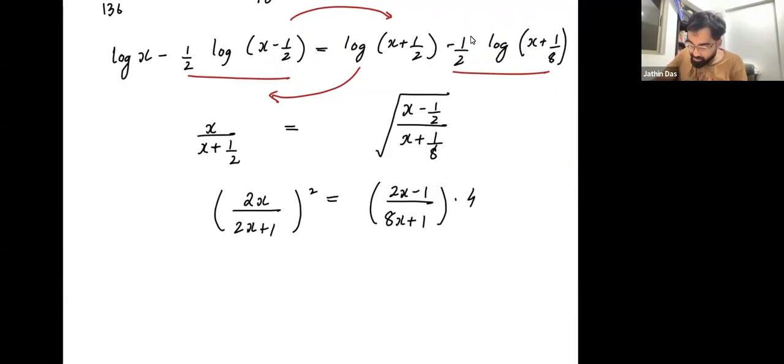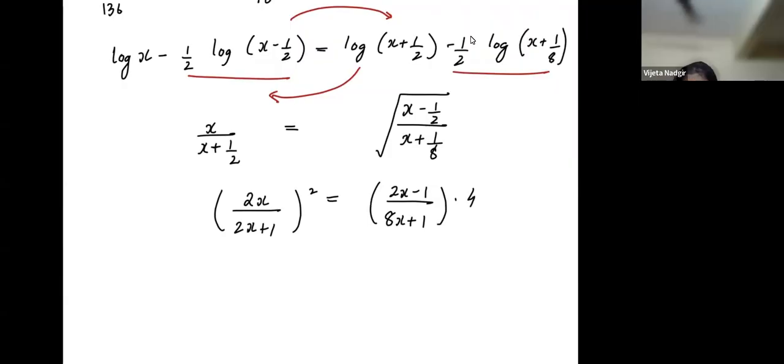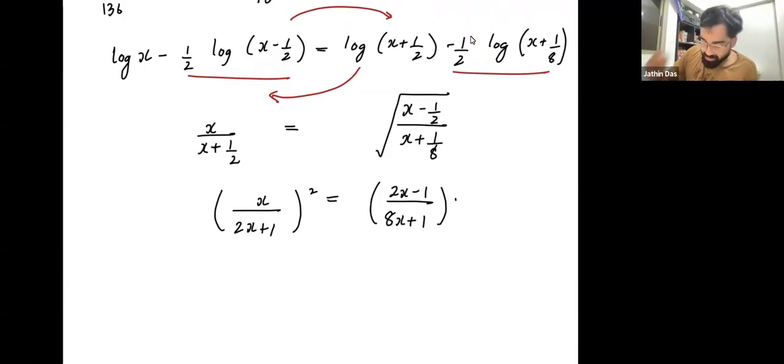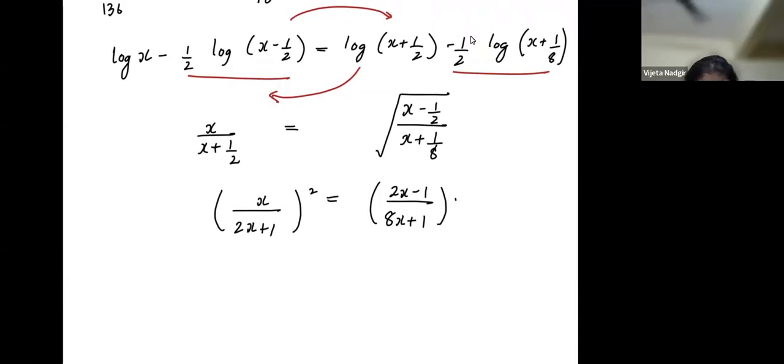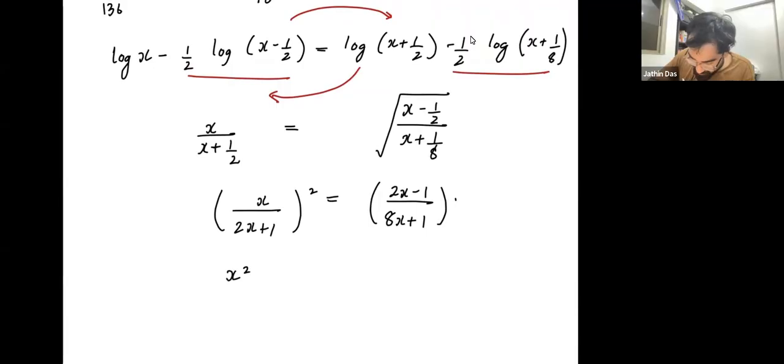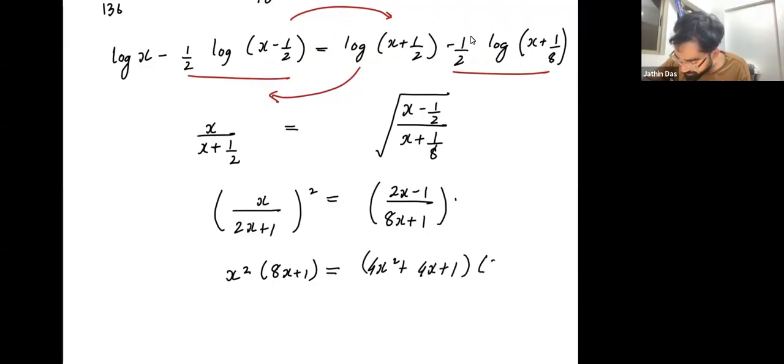There's no other choice, you have to solve it only. One can do one thing, this 4 and this 2 can cancel, because 2 square becomes 4, na? Yeah. So x square into 8x plus 1 is equal to 4x square plus 4x plus 1 into 2x minus 1.